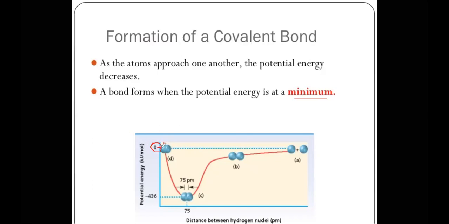When they are covalently bonded, they will have minimum energy. When the energy is increased slowly, at this particular point you can see 43.6 kilojoules of energy, and the distance is going to be a little more.